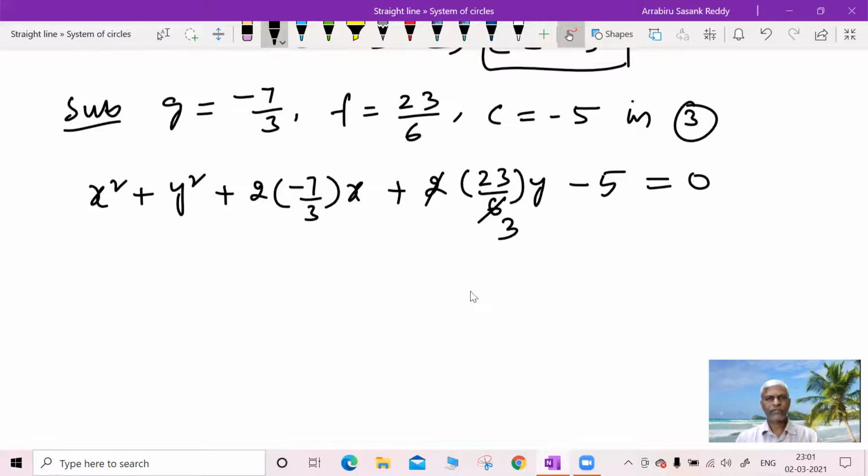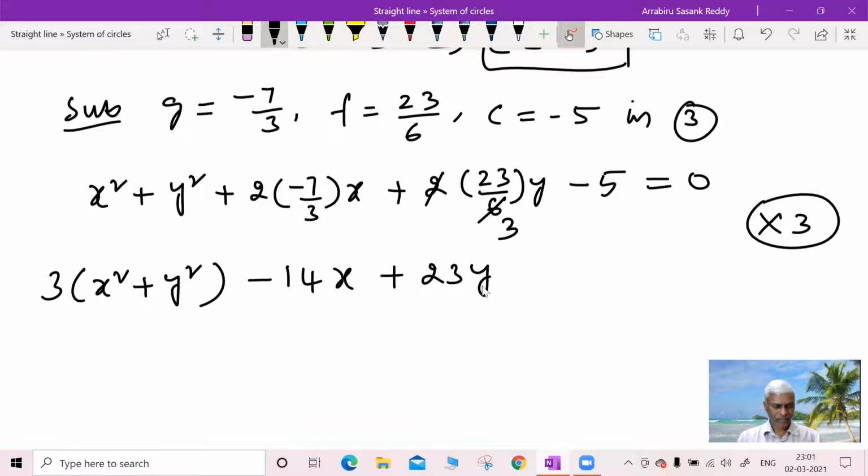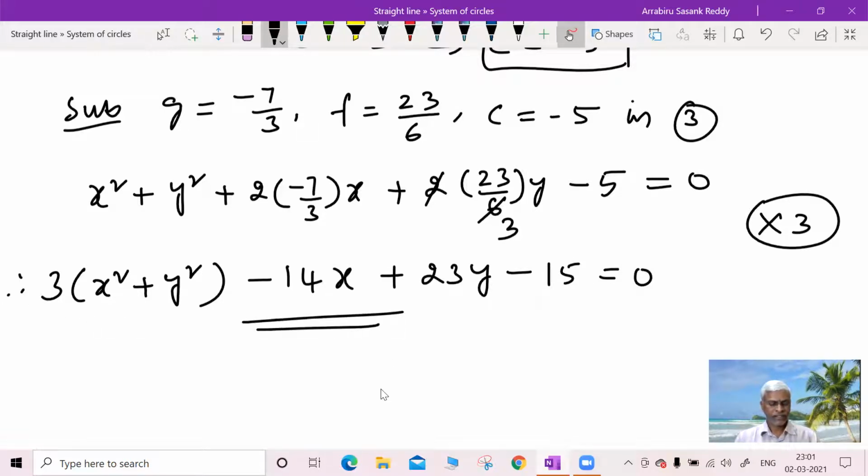Multiplying all terms by 3: 3 into x square plus y square, 2 into 7 minus 14 x plus 23y, and 3 into 5, 15 is the required equation of the circle.